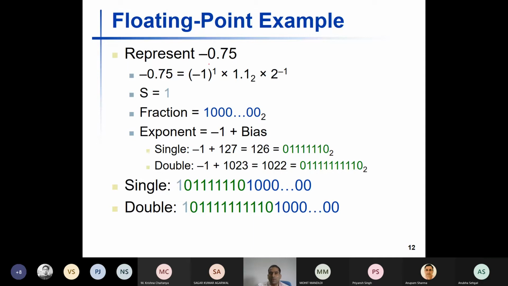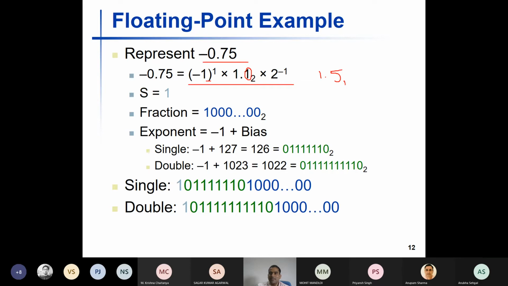So suppose we want to represent this number in single precision number system. So we represent it like this. Here it is a minus number, so we put the sign bit like this. Now we write it as 1.1. So this is 1, and this is equal to how much value? 1.5.